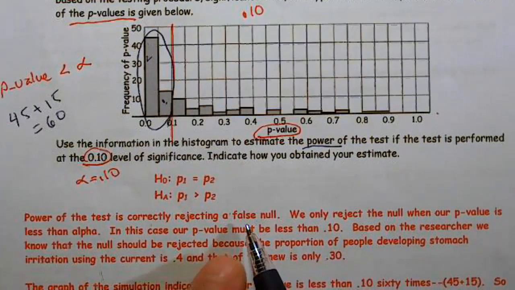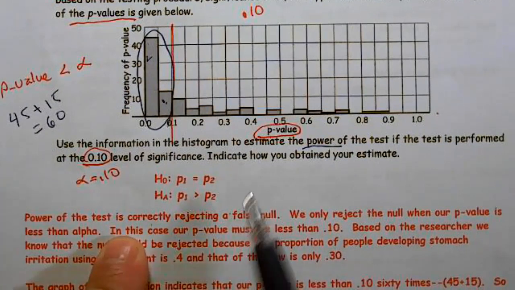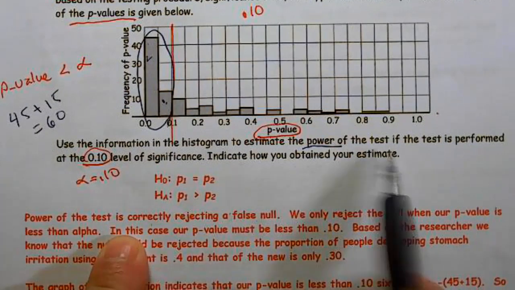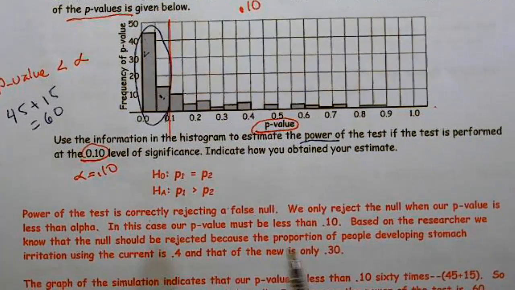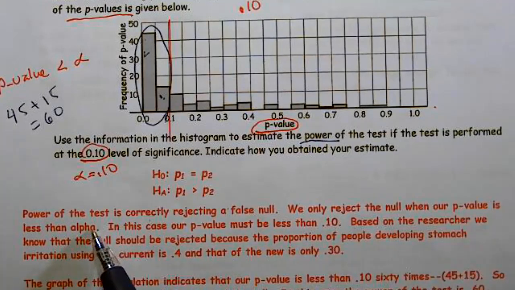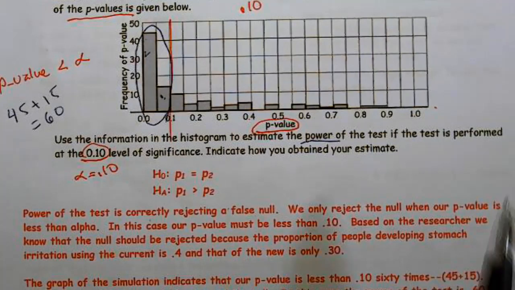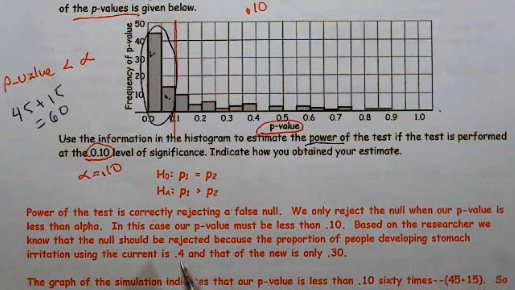That tells me I know what power is, and I need to know when I rejected, because we're talking about p-values. So when do I reject? We only reject the null when our p-value is less than alpha. Yeah, that was obvious, but that is when we reject. In this case, our p-value must be less than 0.10, because that's alpha.